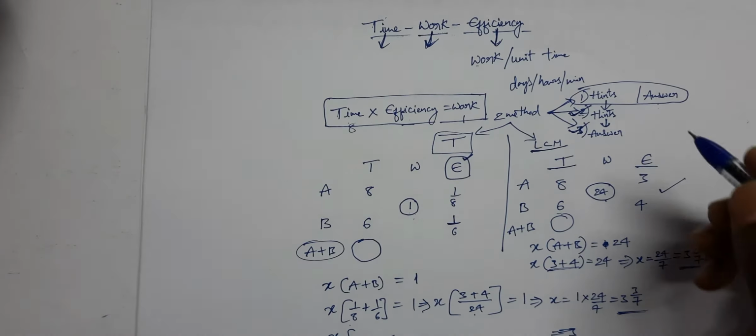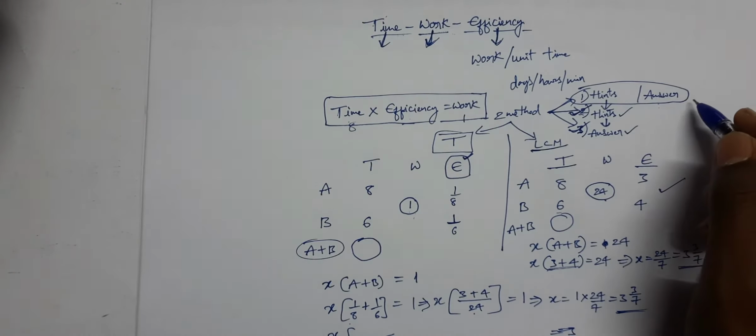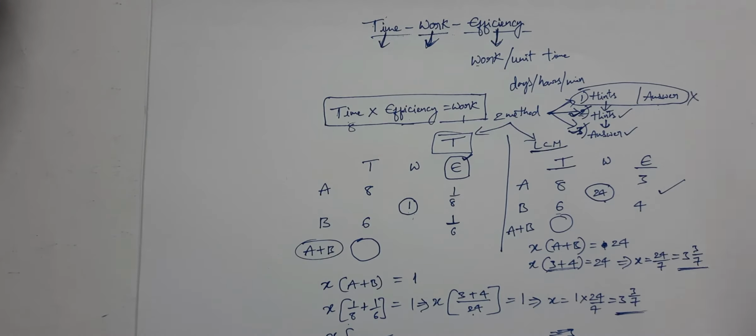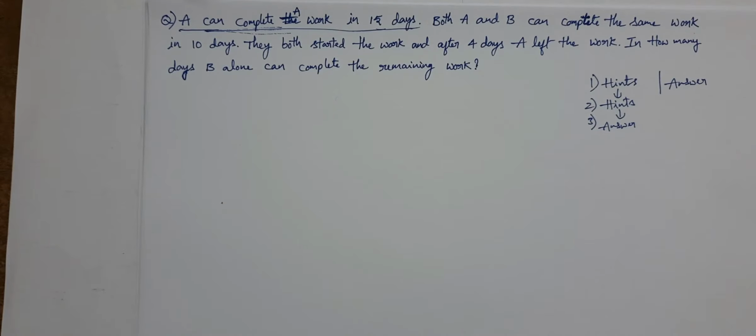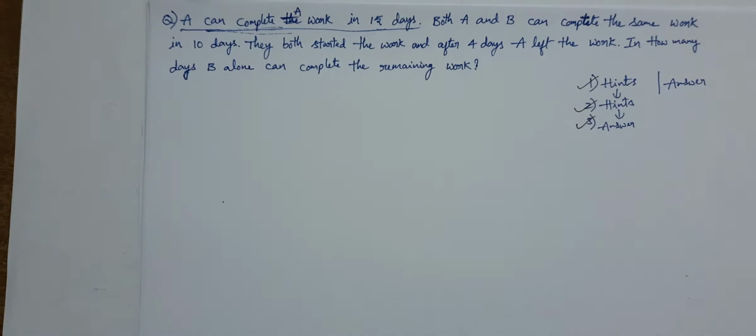So till now I explained step 2 and step 3, but I didn't explain step 1. I will do it now by solving one sum so that you can understand step 1 also. Now, this is the problem with which I'm going to explain all 3 steps. Don't forget the steps.